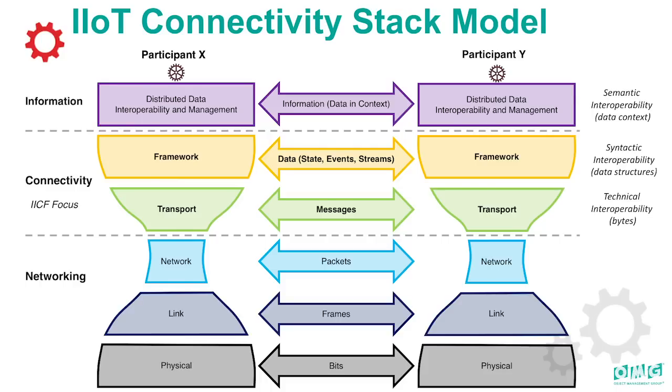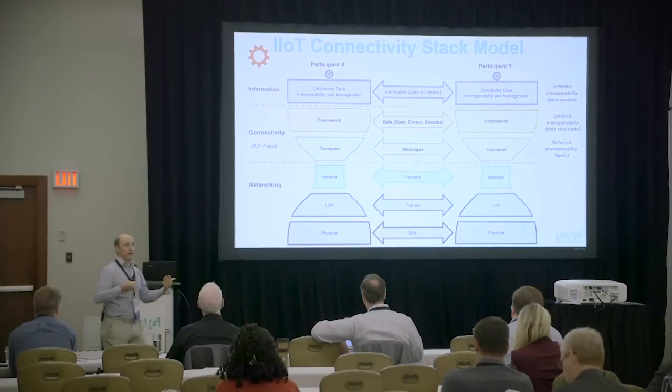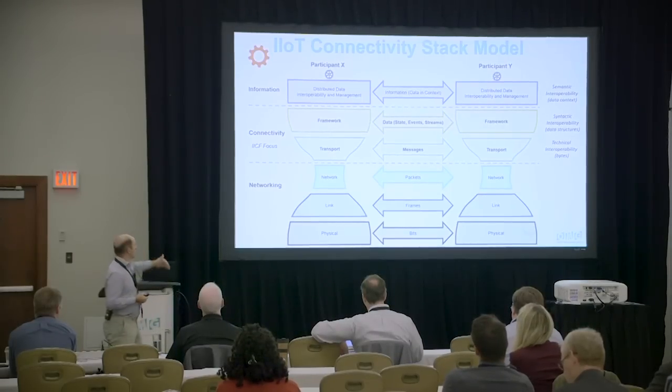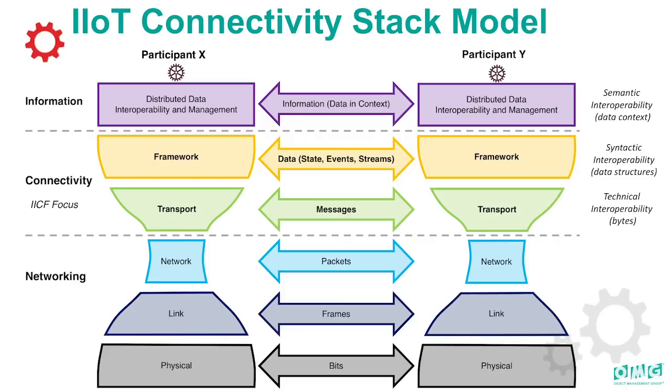But as you go up there and you are trying to actually communicate information, you have to come up with higher level concepts, like the concept of data. How is the data structured? What are the attributes of the data? What are the exchange patterns? Is it publish-subscribe? Is it a service-oriented architecture? That's what's handled at the framework level. And then on top of that, you've got an information model that describes the semantics of the data. So that's the modern view. In the old days, there was something called the 7-layer OSI reference architecture.